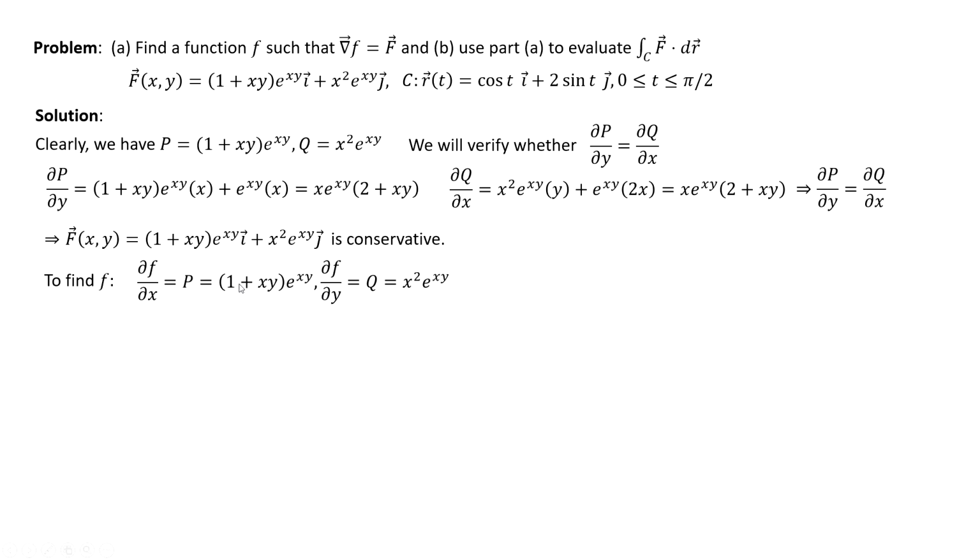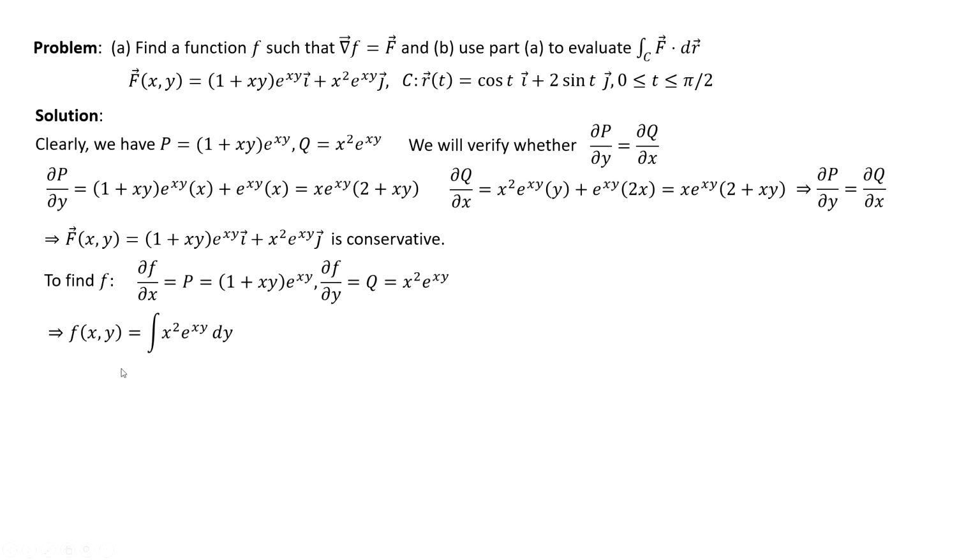Doable, but a little bit of a pain. Okay, let's look at this, if this is any easier. x squared, oh, that's just a constant because we are integrating with respect to y. e to the xy, oh, piece of cake. The integral of e to the xy with respect to y is e to the xy over x. So we are better off integrating Q with respect to y in this case.